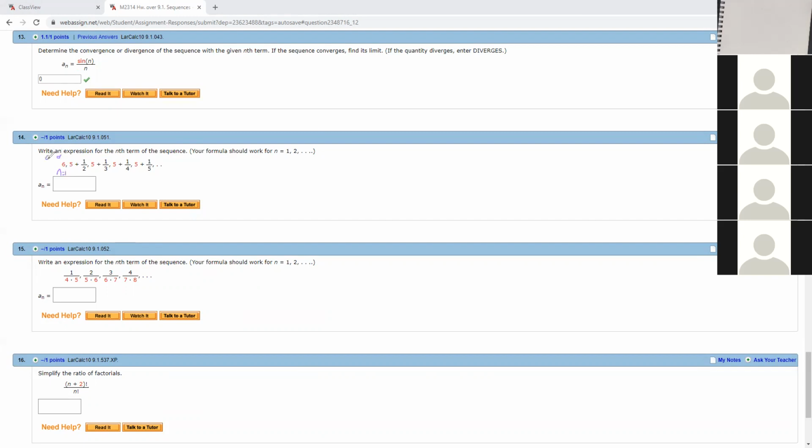A sub 1, let me write it over here. A sub 1 is when n equals 1, and that is a 6. And a sub 2, of course, is when n equals 2, and they give it to us as 5 plus 1/2. And so forth.